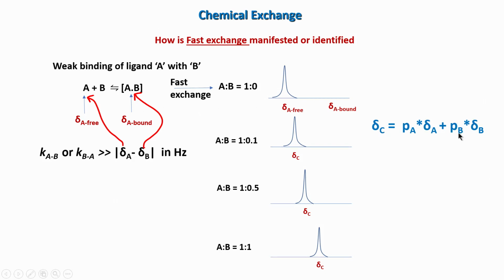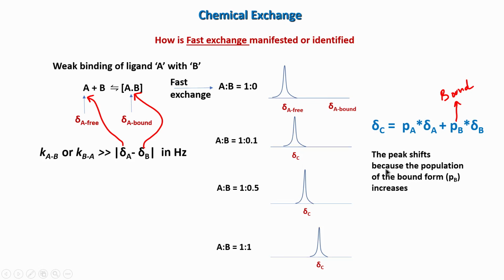So, I should make it clear again, this is the bound form. So, that has increased. Therefore, the peak has shifted towards the bound form. So, this is how we can find out if there is a fast exchange, because that will slowly, gradually shift the peaks. The peak shifts because the population of the bound form increases.